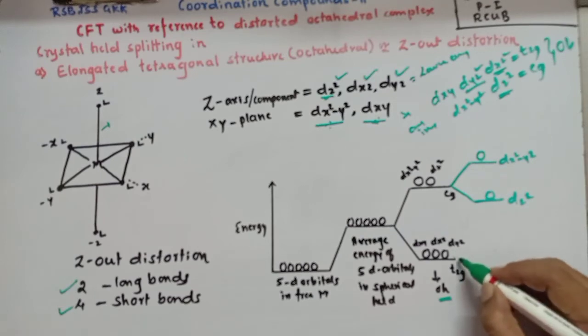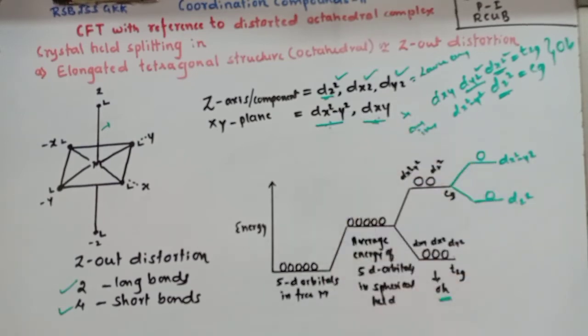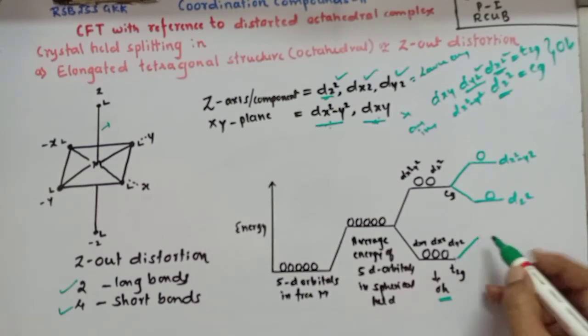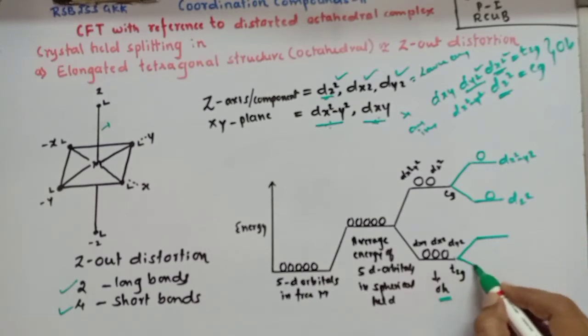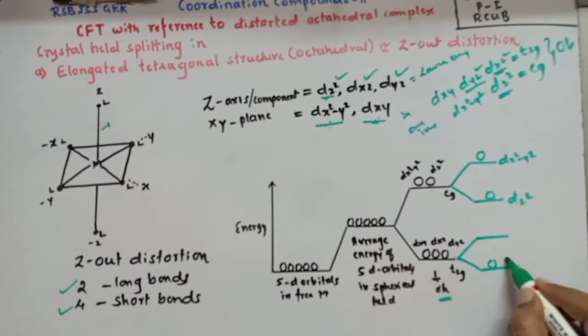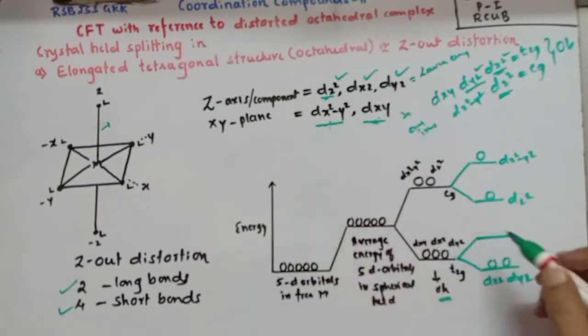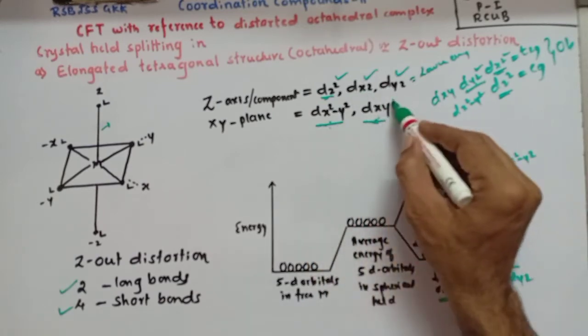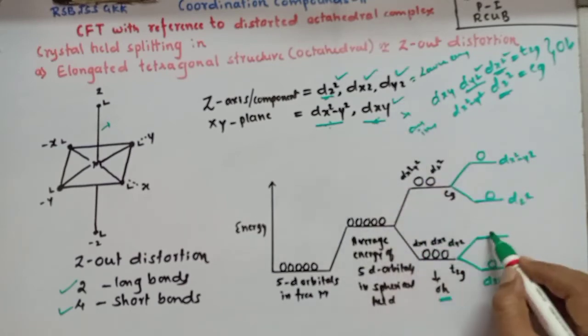Similarly, from the T2G set, dxz and dyz orbital energy decreases, and dxy orbital energy increases. You write this one here.